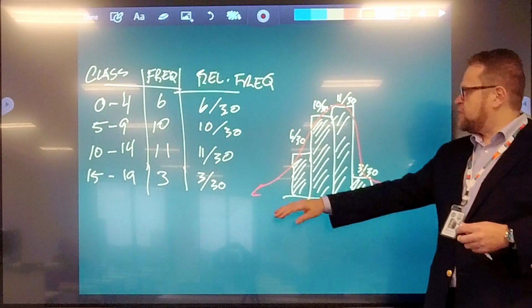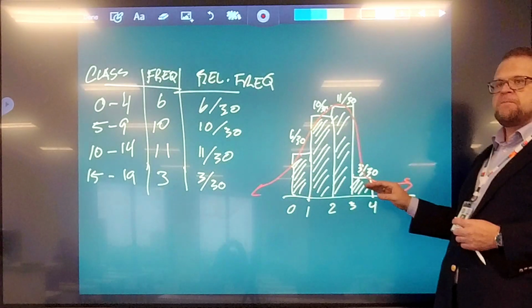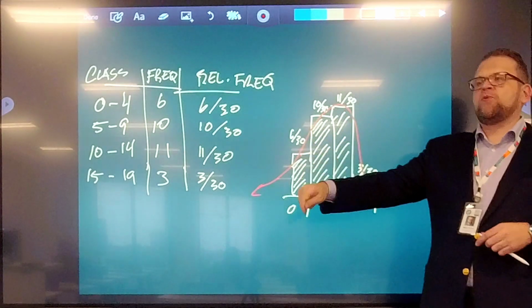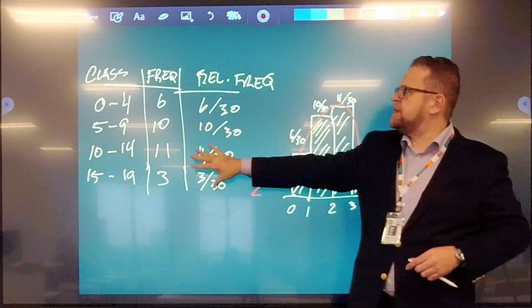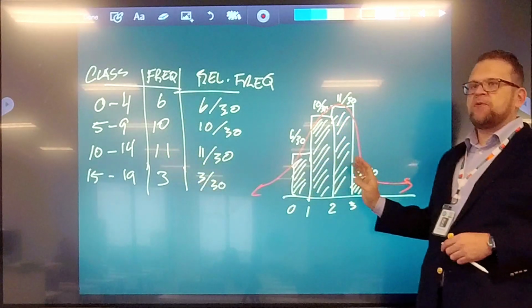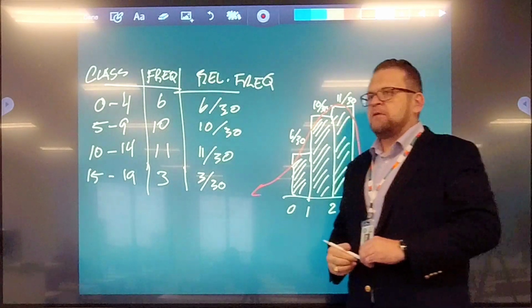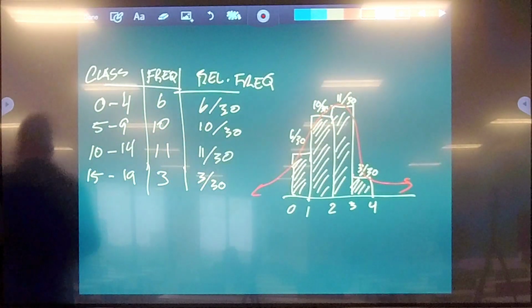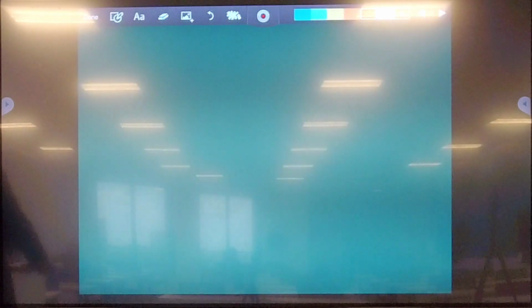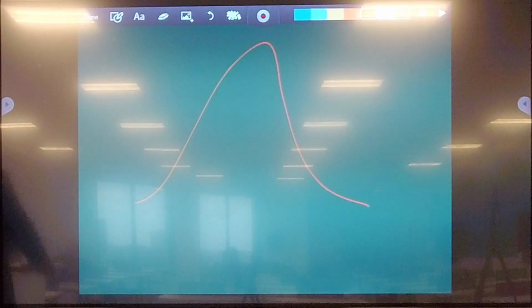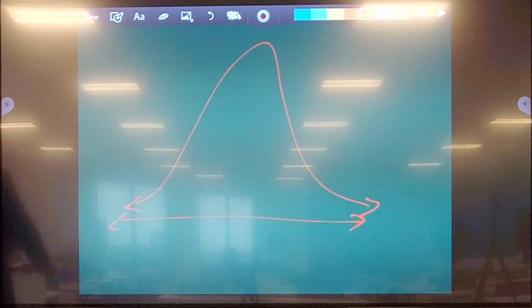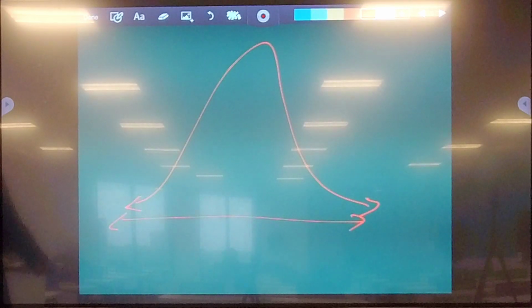If commute times are normally distributed, then I can just use my normal curve, and I don't even need a table or a histogram or anything to start answering probability questions. So a lot of power is had if we somehow know that a certain variable is normally distributed.